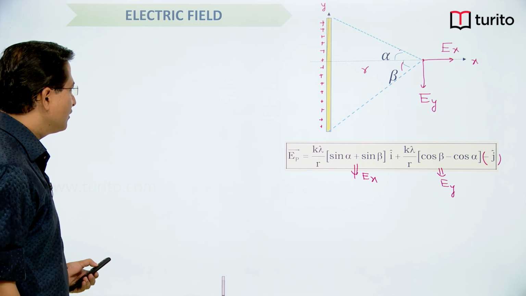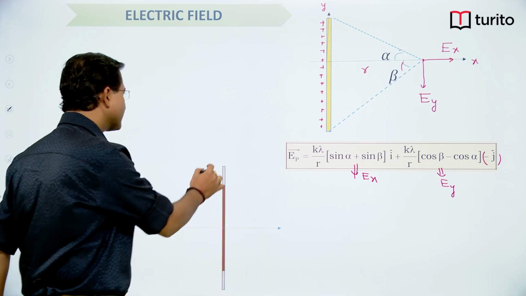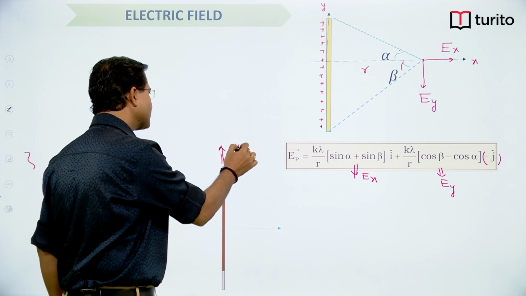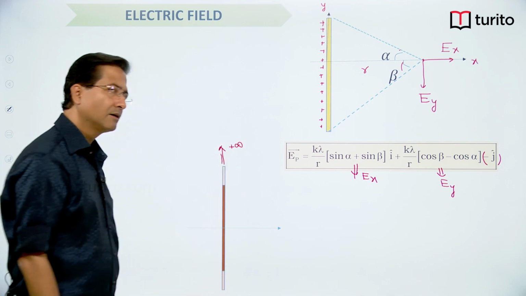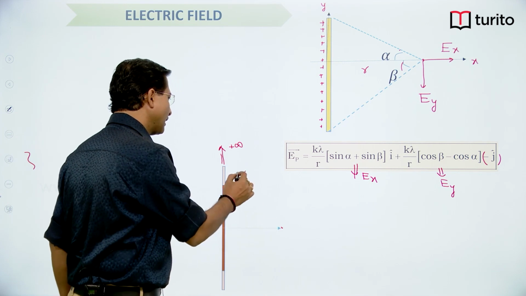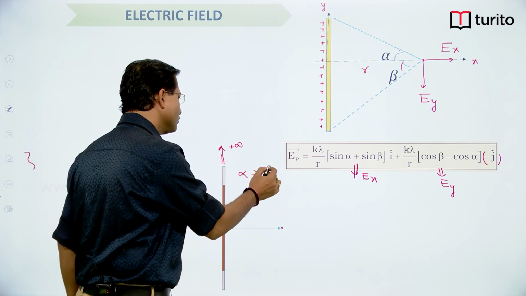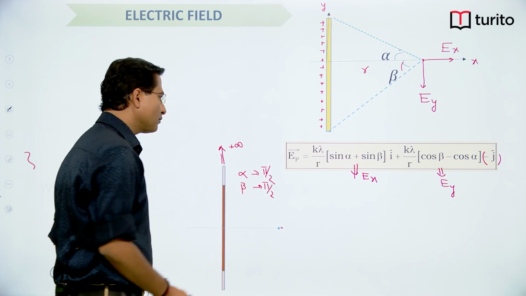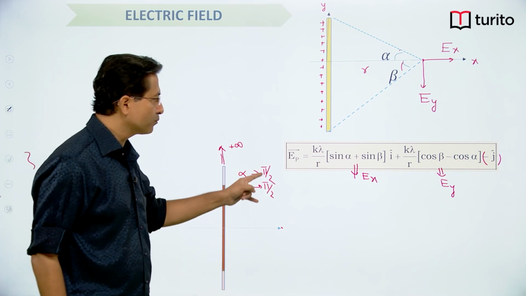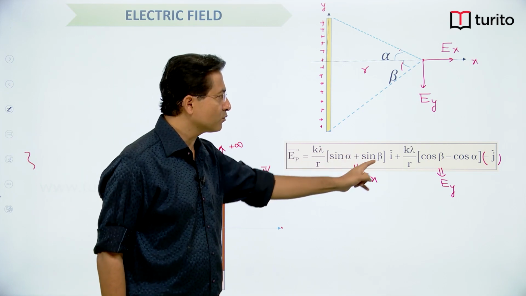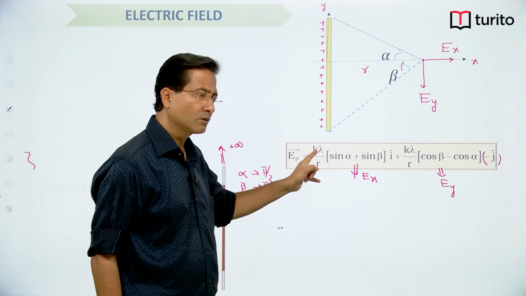Let us assume that this wire goes up to plus infinity and similarly this one goes till minus infinity. So, alpha will become pi by 2 and beta will become pi by 2, and you can see from the expression, if I substitute alpha pi by 2 and beta pi by 2, sin pi by 2 is 1 and this one is 1, 1 plus 1 is 2, right.